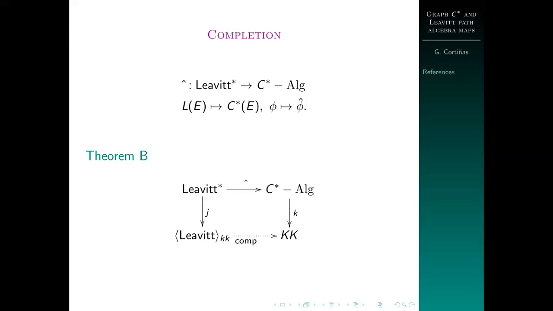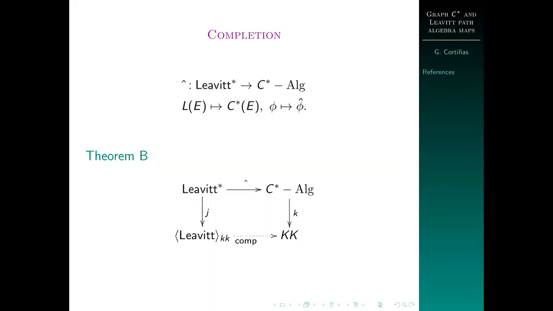Theorem B says that this functor can be extended to the full subcategory Leavitt sub kk, the full subcategory of kk whose objects are the Leavitt path algebras.